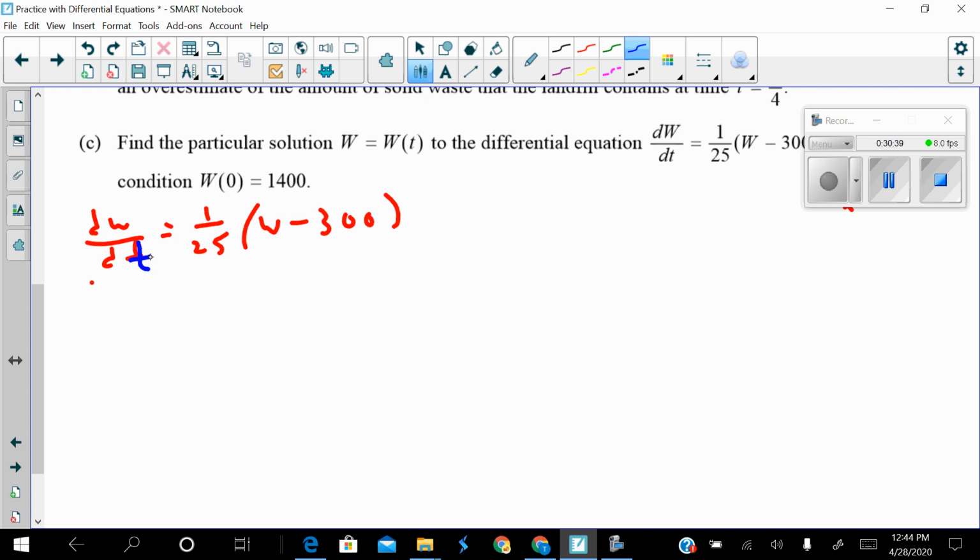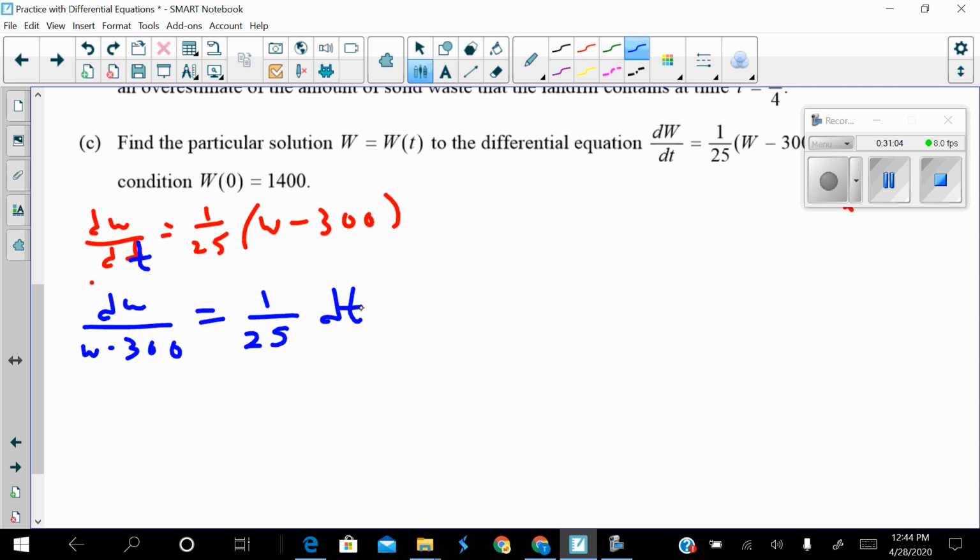And the derivative doesn't just have t's in it. That's why to solve it, I have to separate and integrate. To separate and integrate, you either multiply or divide. So I'll divide both sides by w minus 300, and I'll multiply each side by dt. So I'll have dw over w minus 300 is equal to 1/25 dt.